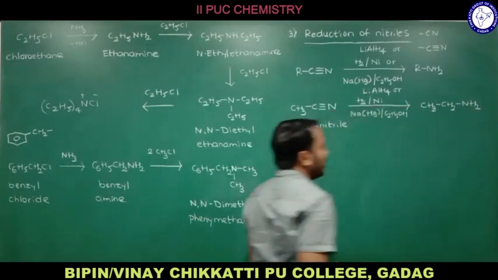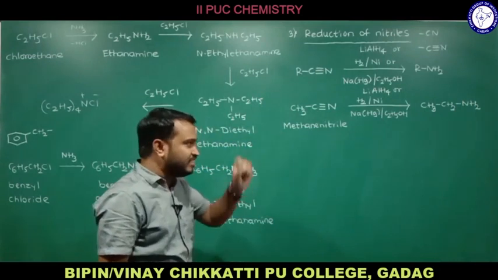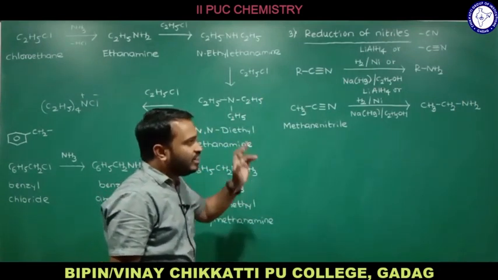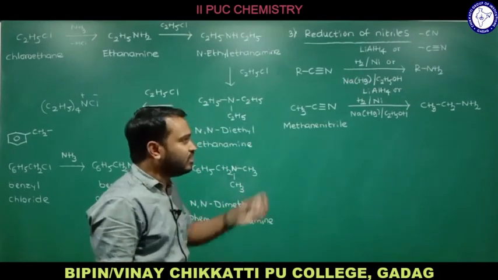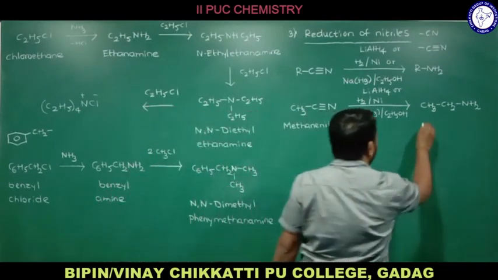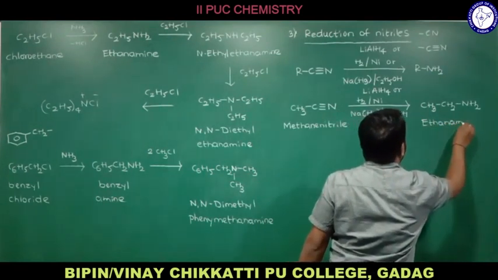I hope you can name the product. The IUPAC name, since we have 2 carbons, is ethanamine, and the common name is ethylamine. You can write either one, but I prefer the IUPAC name, ethanamine.